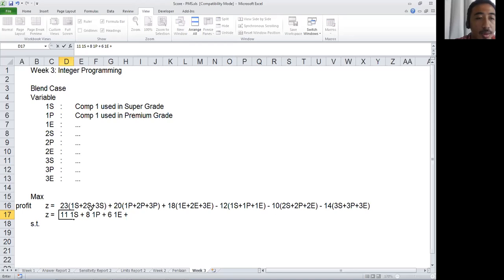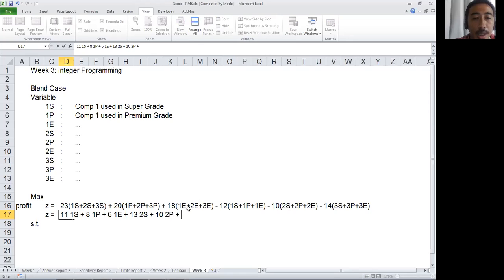Again, 2S: 23 minus 10, it means 13 2S. Plus 2P: 20 minus 10, so 10 2P.